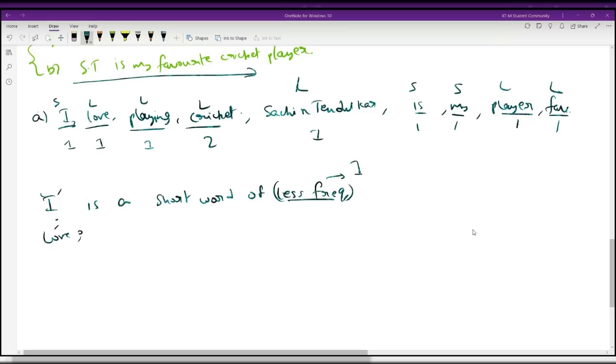I love playing... is my. These are the short words, right? Sorry, love is not a short word. Oh my god, I made a mistake. Only the words I, is and my are the short words here.